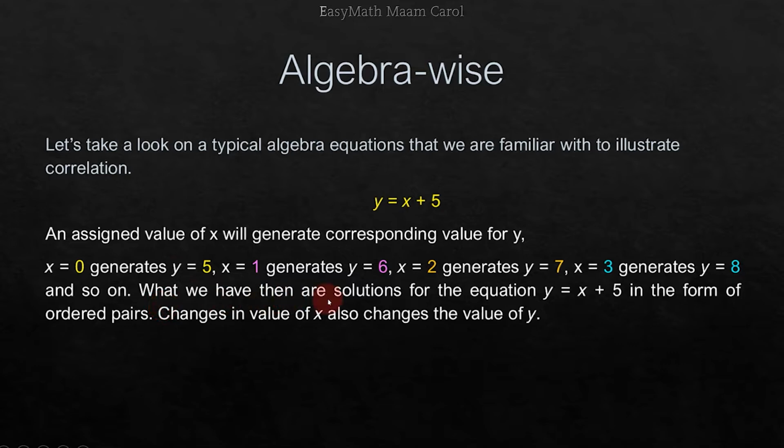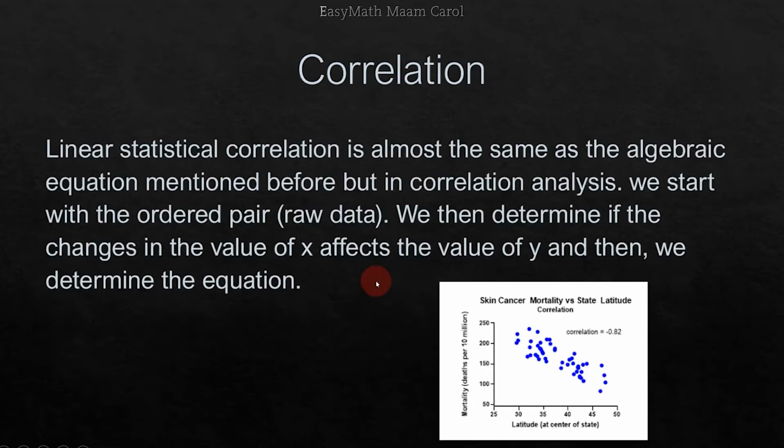So what we have then are solutions for the equation y is equal to x plus 5 in the form of ordered pairs. Changes in value of x also changes the value of y. Okay? So, yun lang yung isang very simple illustration kung paano nagkakaroon ng correlation yung independent at saka dependent variable.